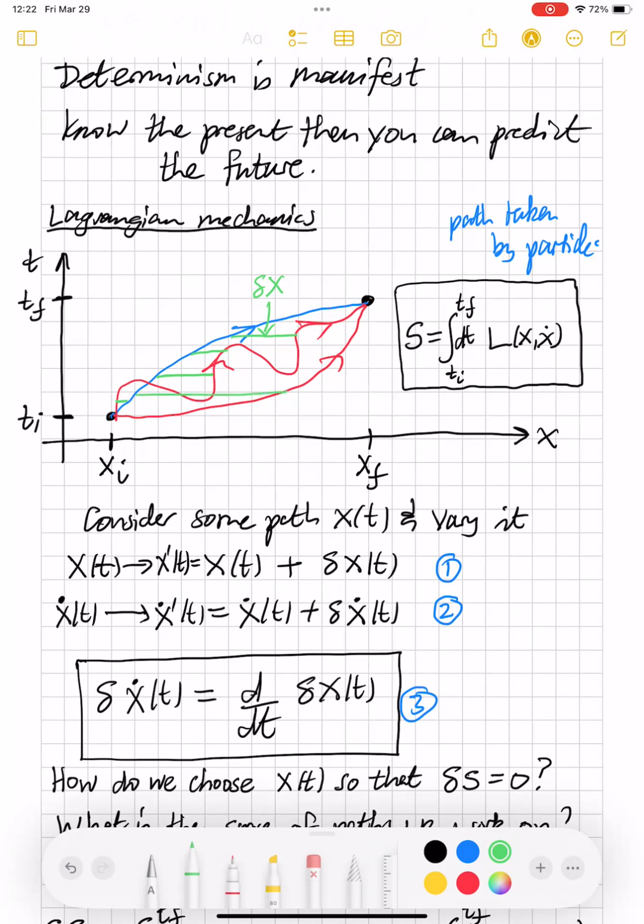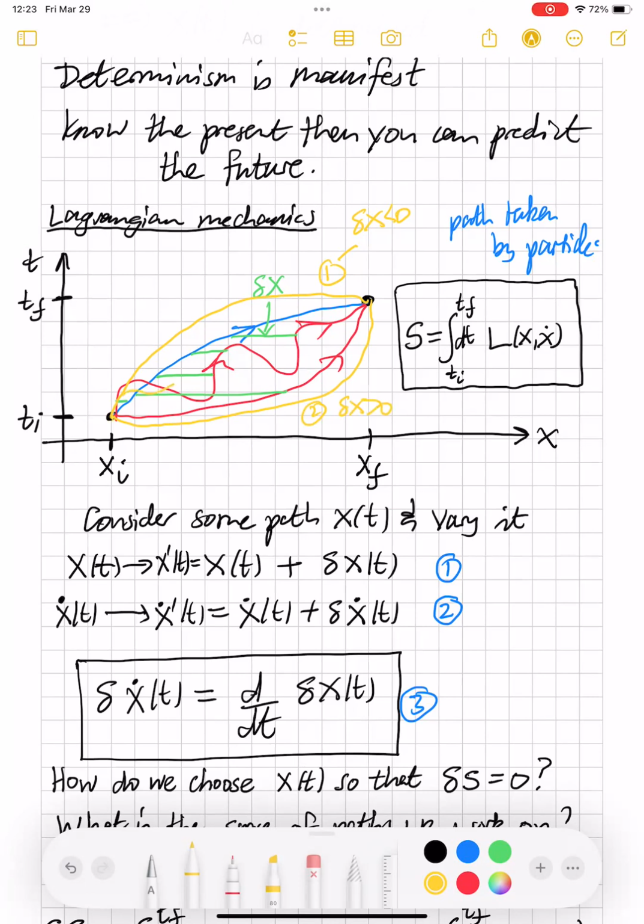So for example, for the straight red path, these would be all of the delta x's, completely different. And I could consider some other path. So if I consider this path, for example, the first yellow path, now delta x is always negative. So for this path, all of the delta x's are less than 0. For this path, let's call this 2, all of the delta x's are greater than 0.